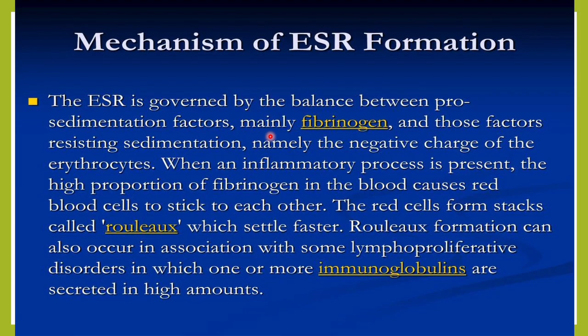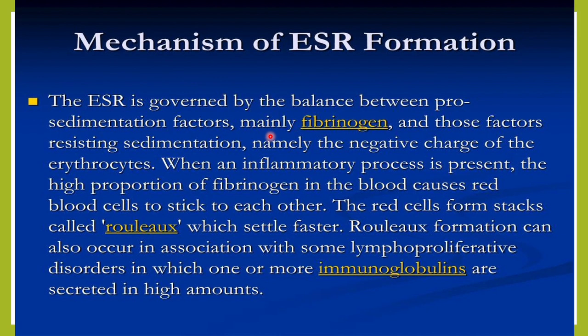Okay, so the mechanism of ESR is governed by the balance between the pro-sedimentation factors, mainly fibrinogen, and those factors which resist the sedimentation. What resists the sedimentation? The negatively charged ions around the RBCs.